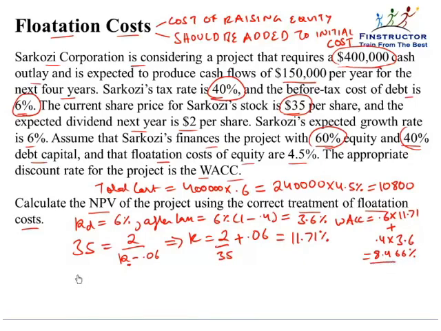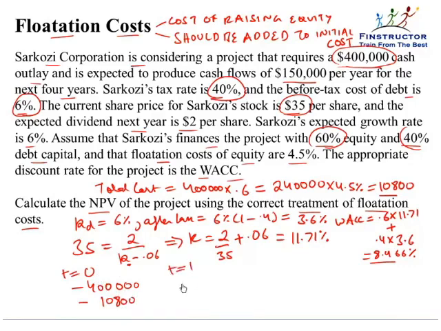We need to project our cash flows and apply this discount rate. So at t equal to 0, this project requires an upfront cash outflow of $400,000. But not just that, for raising the equity, I will have to spend another $10,800. So the total cost will be 400 plus the $10,800 at t equal to 0.